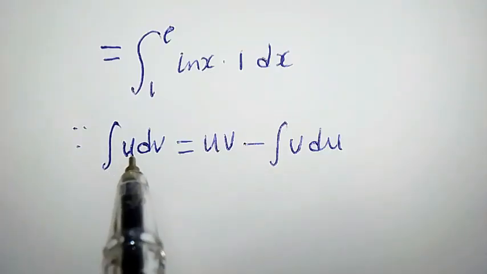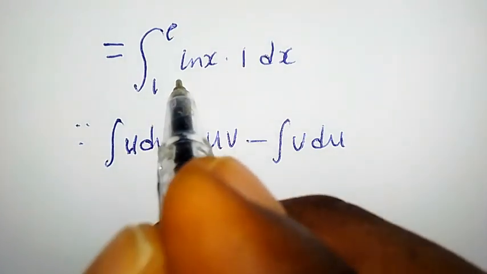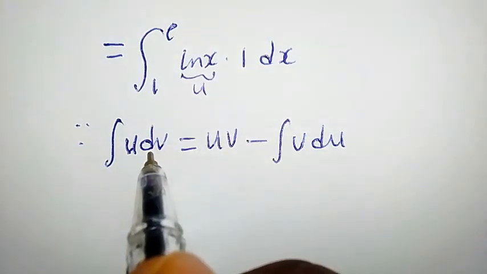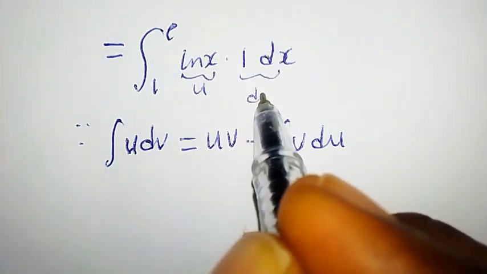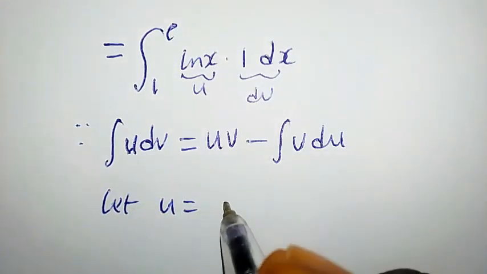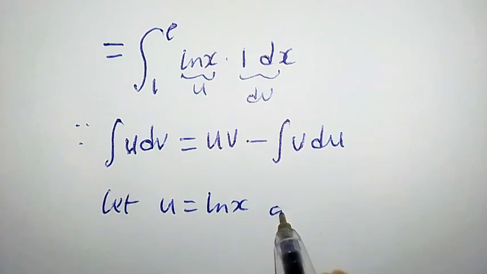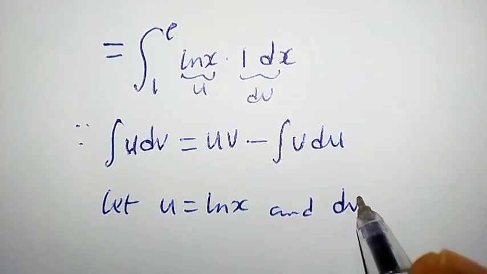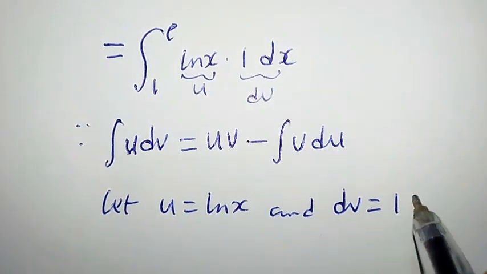By comparing, you will notice that our u is ln x and the dv is 1 times dx. So let u equal ln x and dv equal 1 times dx.